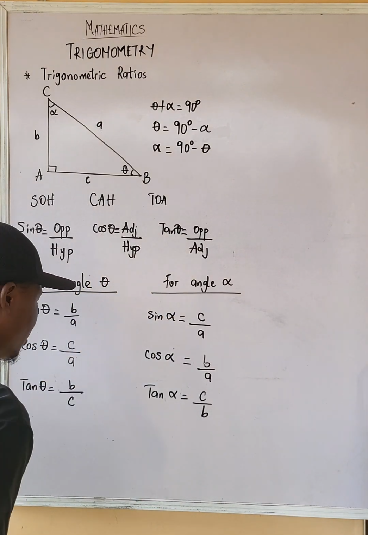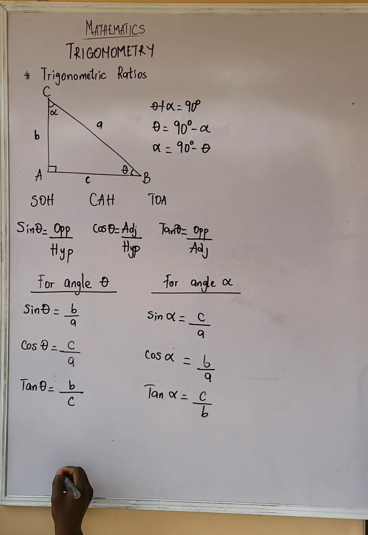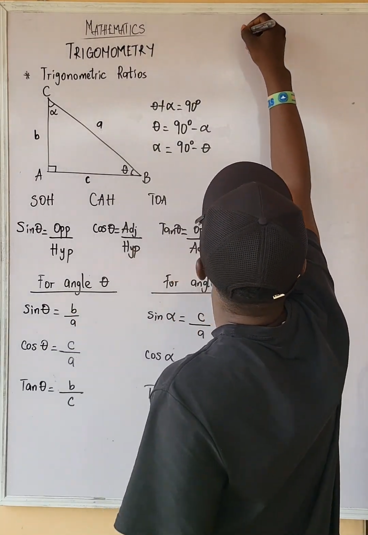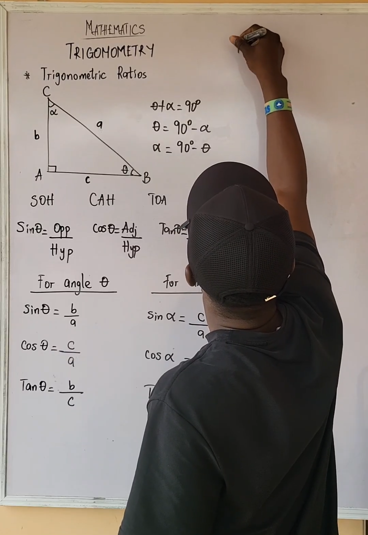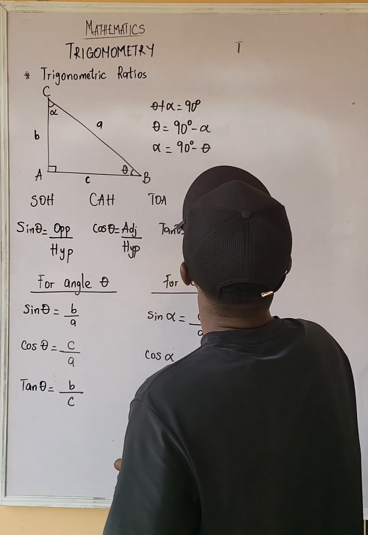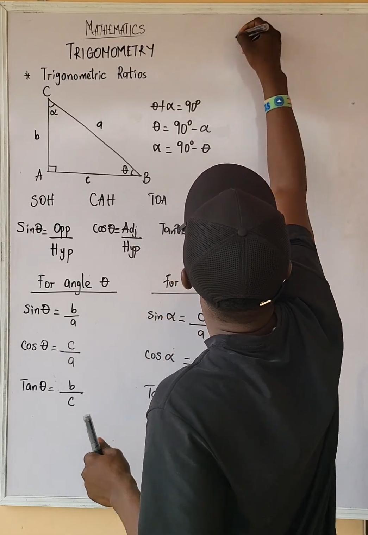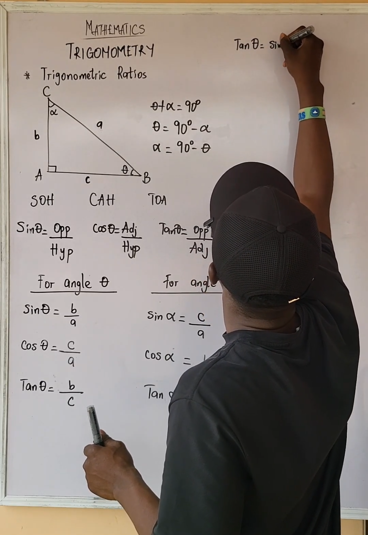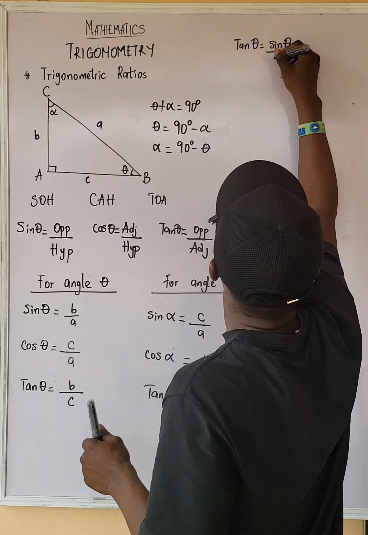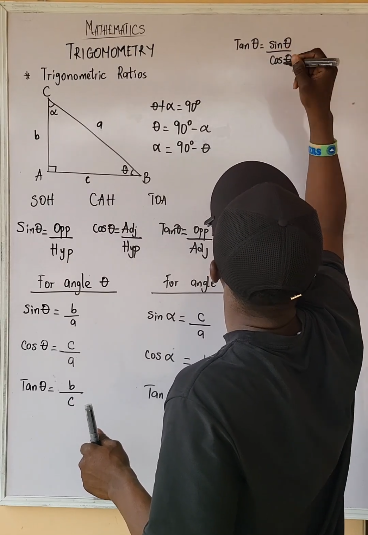Now, going further, let me just put it here. Another way to write tan theta can simply be sin theta over cos theta.